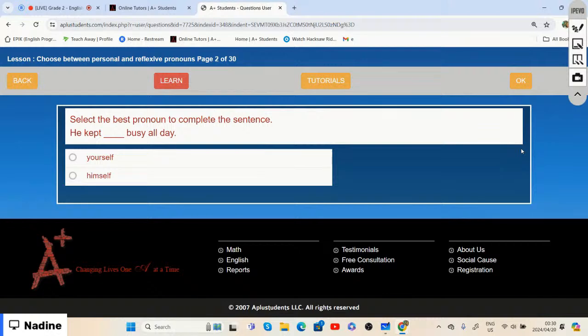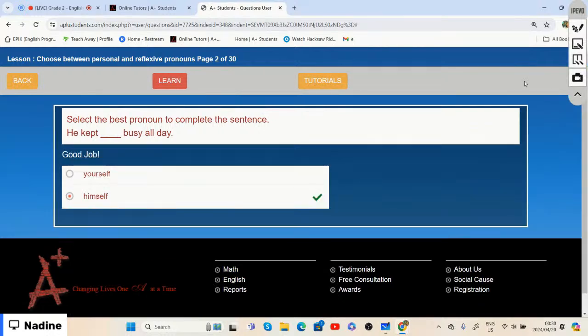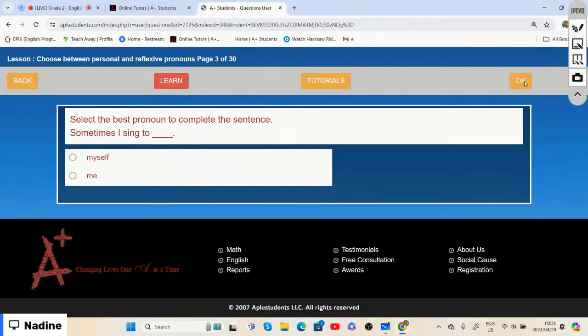All right, and if we choose the correct pronoun, then we will say he kept himself busy all day because that reflexive pronoun himself refers back to the subject, which is he, right? So he kept himself busy all day. So well done, guys.